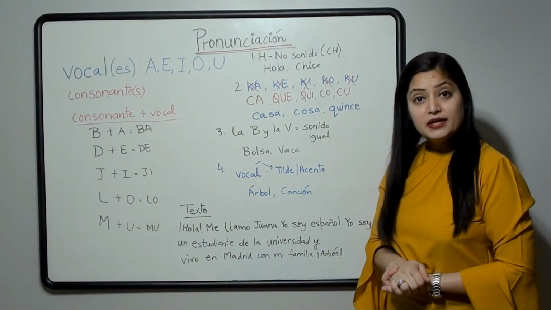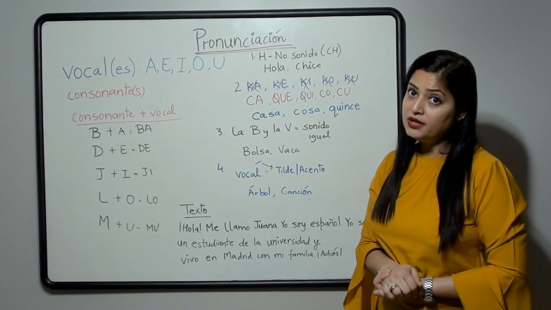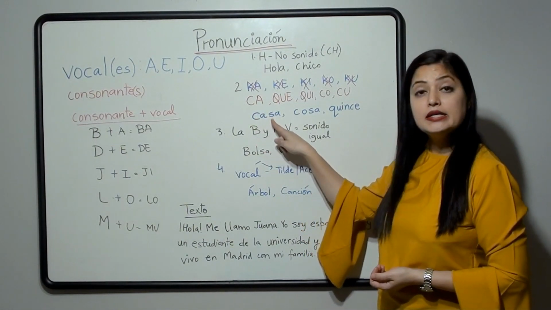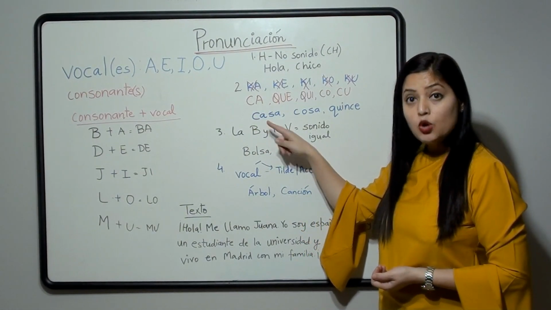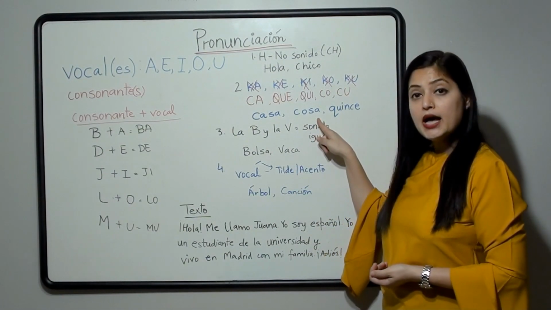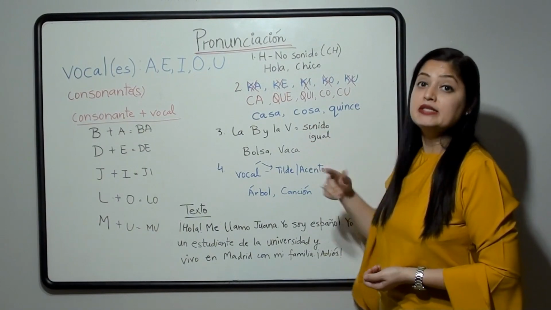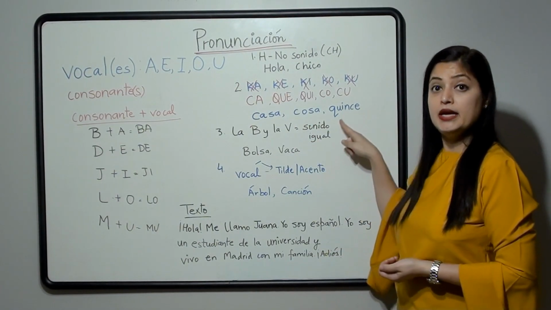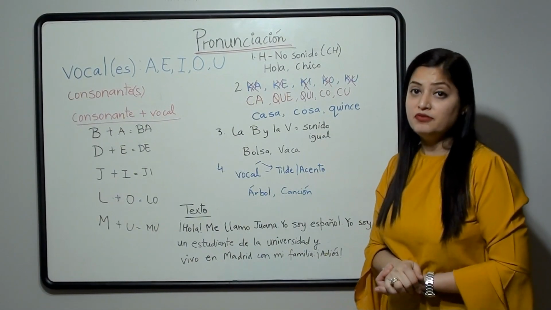Let us try to practice that with a few words that I have already written for you. So, ka, sa. Casa, which means a house. Ko, sa. Cosa means a thing. Ki, n, se, quince means the number 15.